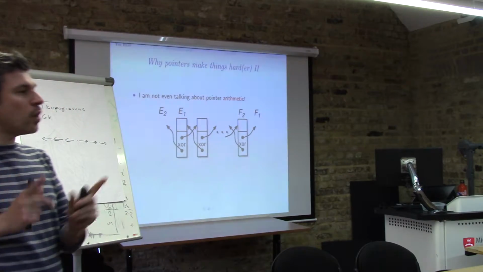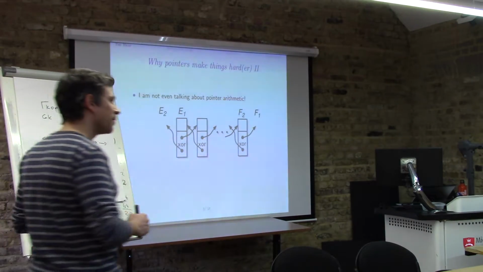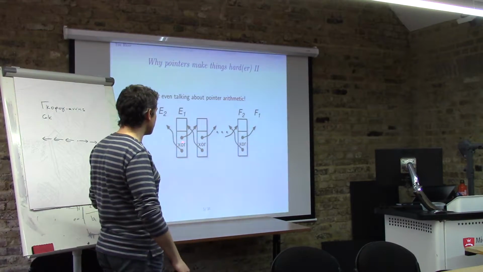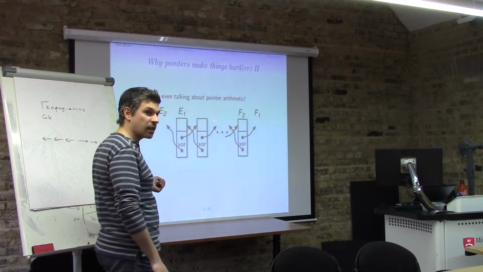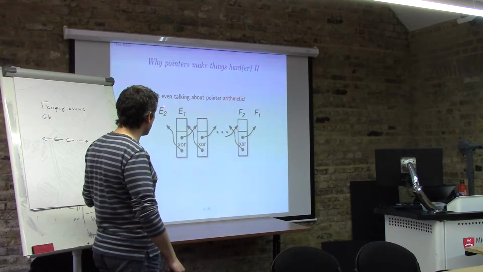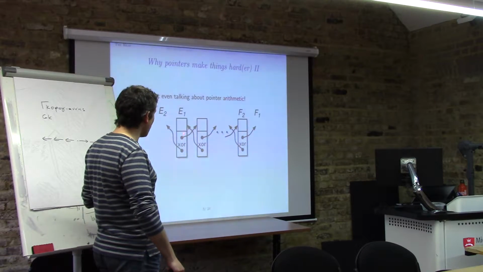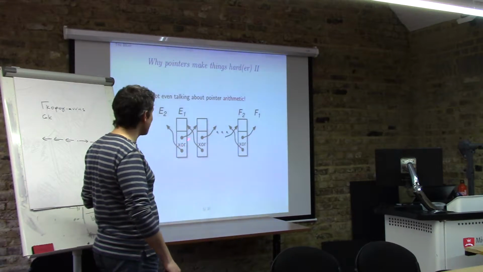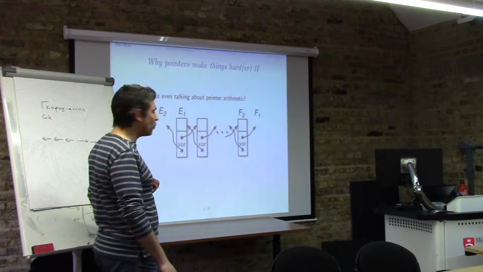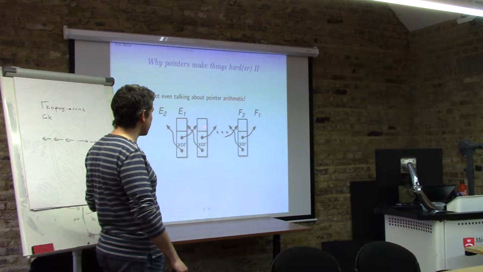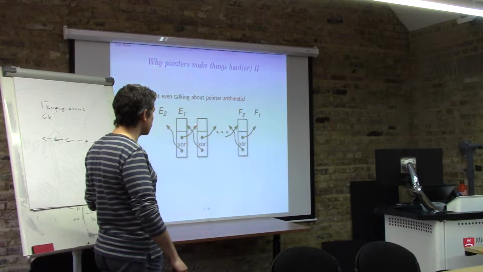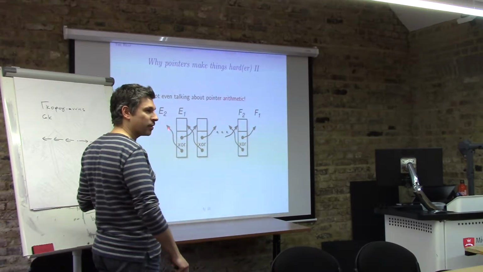And how do you use that one thing to obtain the address of the next cell? You XOR the previous pointer with this value here, and you obtain the next. If you wanted to go backwards, you have this address, and you have this field, so you XOR them together, and you get this one.